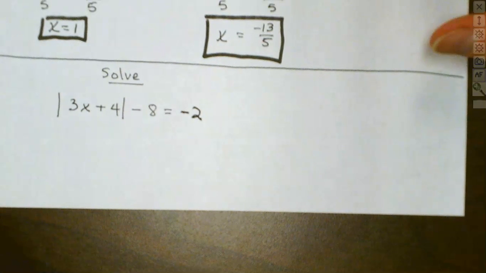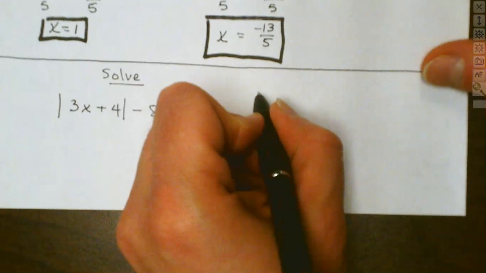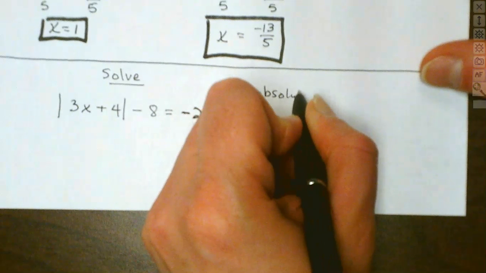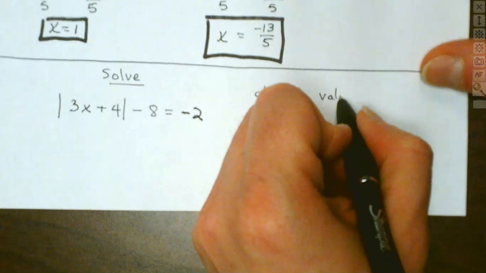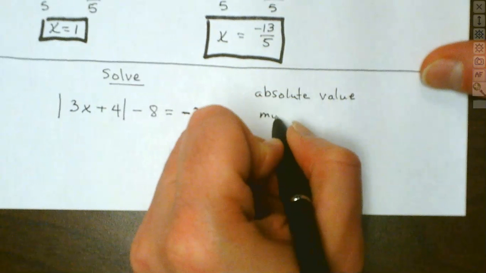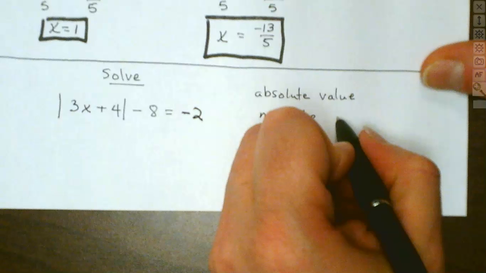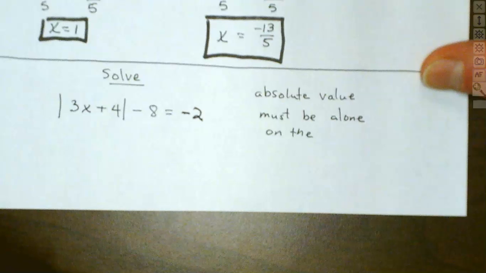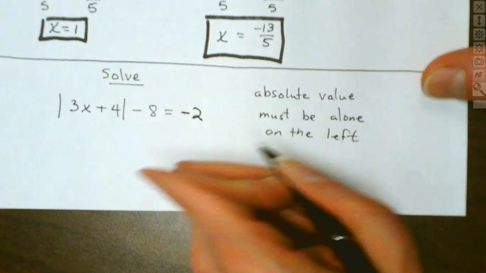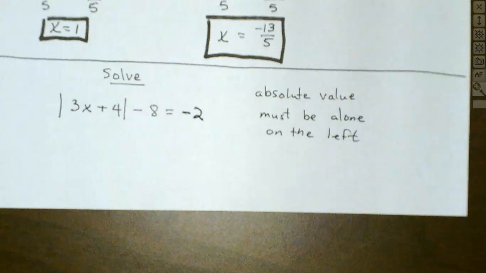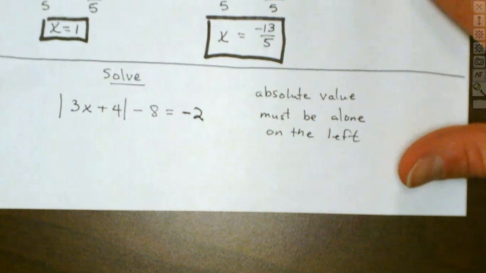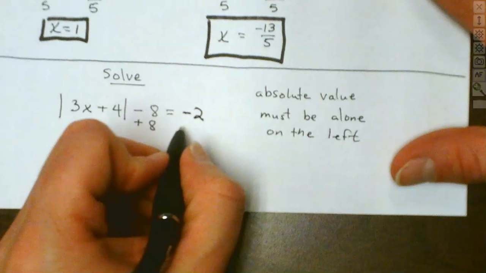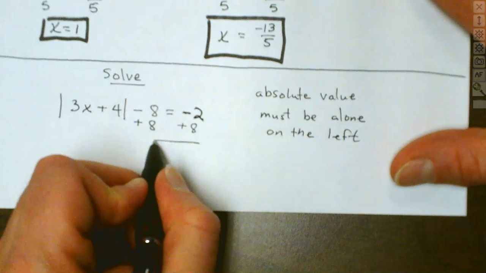So the absolute value must be alone on the left. Okay, so how do we get that absolute value by itself on the left? Well, we need to get rid of that 8. So that gives us our absolute value all alone. So I'm going to add 8 to both sides. Always do that first.